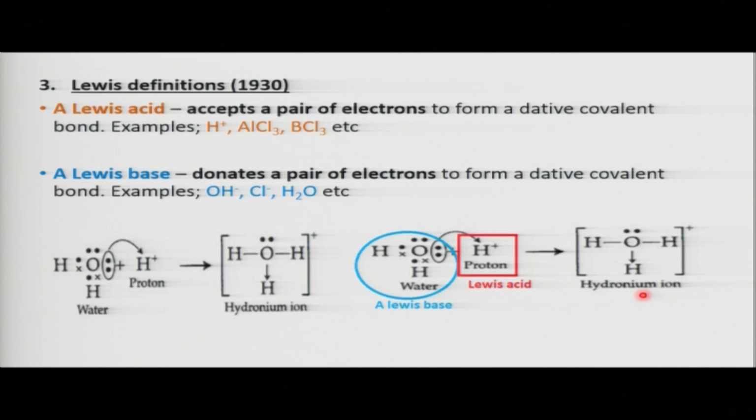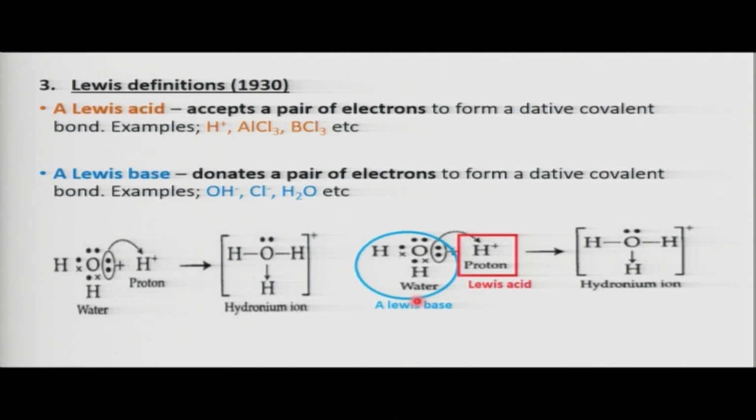So to him, an acid should accept a pair of electrons. In other words, a hydrogen ion will be an acid if it is in solution because it can accept a pair of electrons from oxygen in water. In the same way, a base should donate a pair of electrons to form a dative bond.